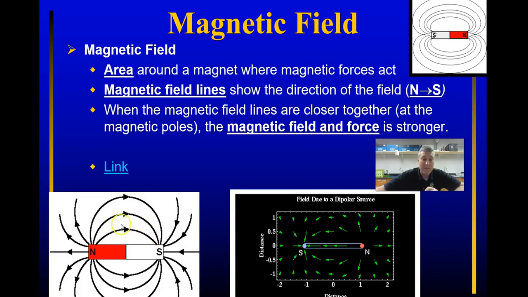This is the way that the lines move, the invisible fields that we can't see. This is the area around the magnet that pulls in. And when they're closer together, like at the poles here, they're a lot stronger. You can see it in this diagram too, where the arrows are pointing toward the pulling power.